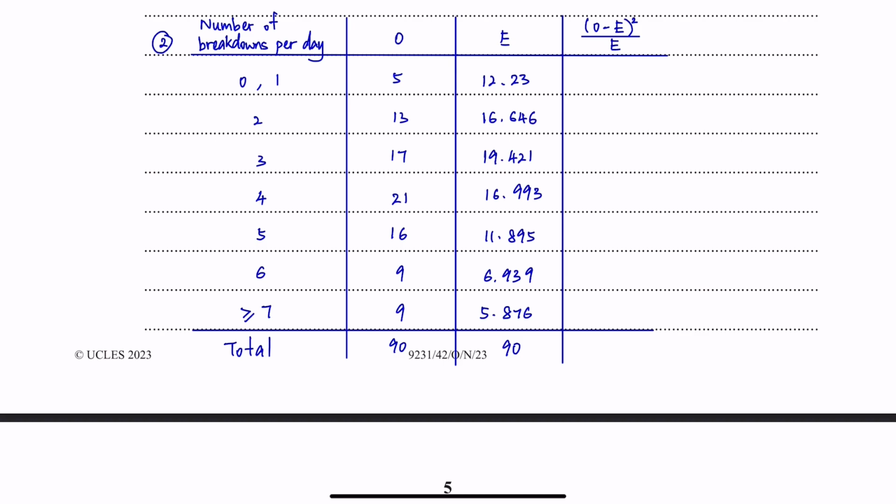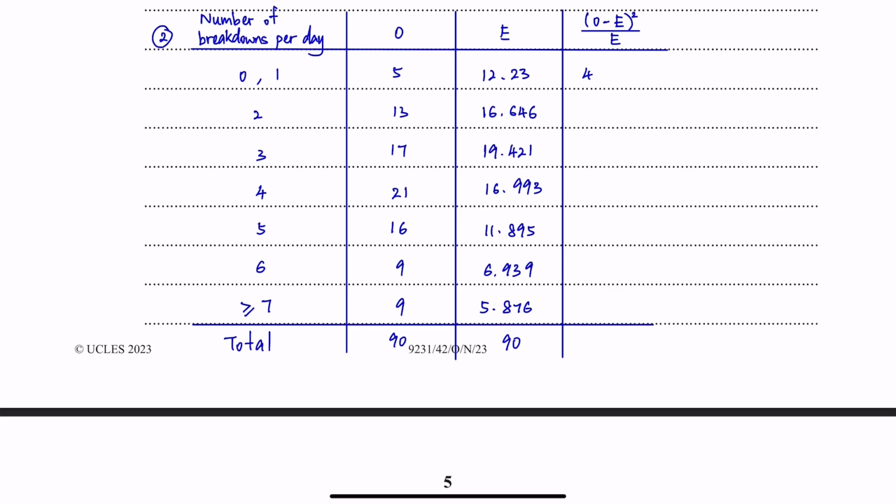So O minus E squared over E. For the first row, we would get 4.27415. I like to round it to 5 decimal places because it's more accurate at the end when we sum all of them up. So for x equals 2, we will have 0.79859.